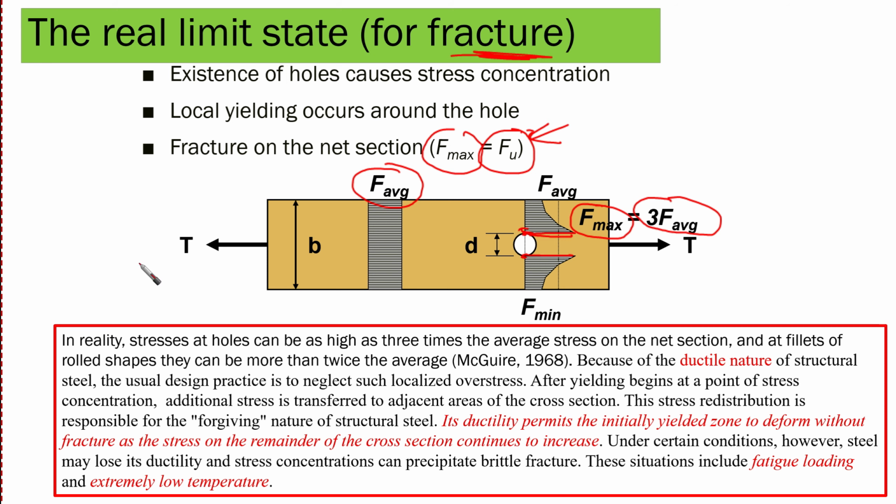So in reality, stresses at holes can be as high as 3 times the average stress on the net section. As you can see here, it is almost 3 times F average. And at fillets of rolled shapes, they can be more than twice the average. If we're talking about fillets of rolled shapes, then they are going to be twice the average.